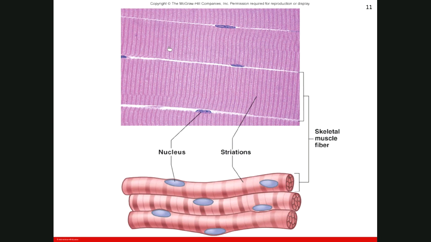So our muscle fibers are striated muscles, and this is the histological characteristic. They are elongated and cylindrical, they have more than one nucleus, they are multi-nucleated cells, and they show striation. And their function is completely voluntary.